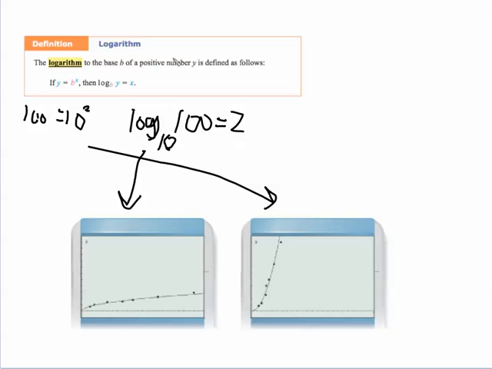Okay, that's all I want to do for today, really. I'll see if I can leave you with a couple. See if you can write these in log form. So take 4 squared equals 16. Take 5 cubed equals 125.